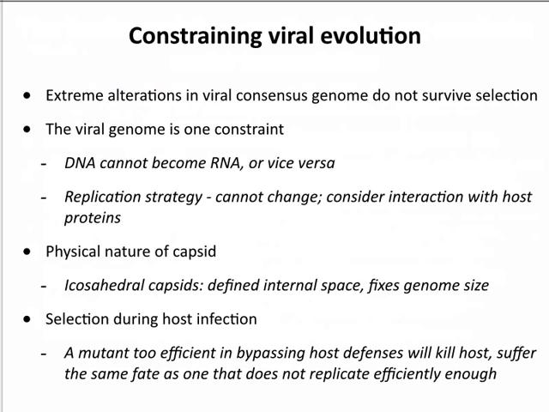The replication strategy probably can't change. The nature of the capsid, selection during infection probably restricts evolution as well. So although there are seemingly infinite possibilities for the number of different mutants that a virus could spawn, in reality they're probably limited. And although there are lots of viruses on Earth, that probably limits the kinds that are going to emerge in the future.